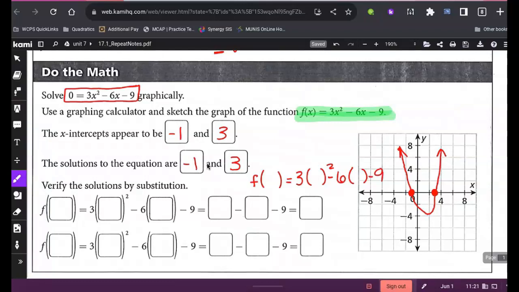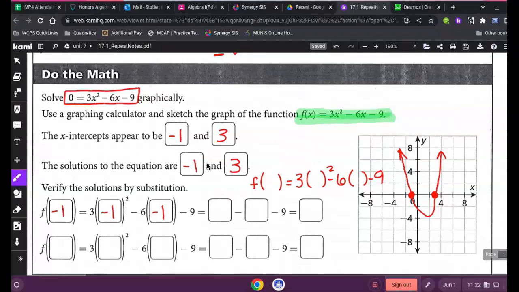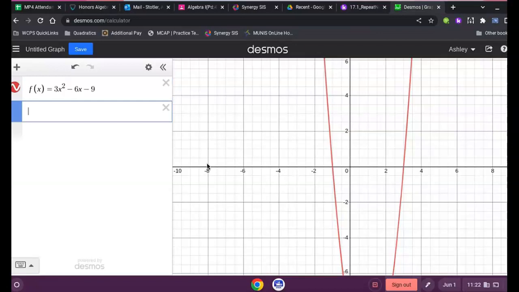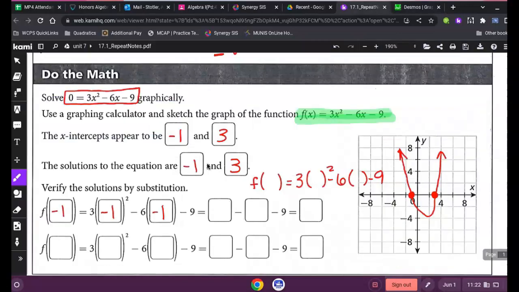So everywhere there's a box, we're going to substitute -1 because that's our first solution. Then we can type this into the calculator. We have to do 3 times negative 1 to the second power. That gives me 3. So I'll put 3 in this first blank.